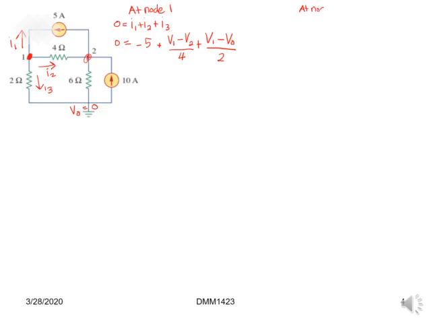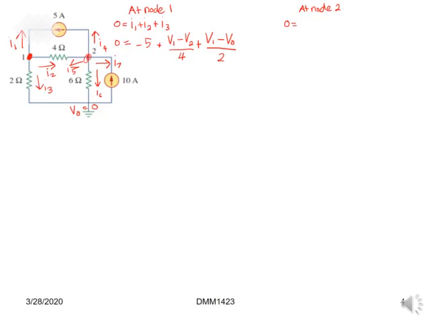We assume that the voltage at the ground is 0, so V0 equals 0, and it flows across the 2 ohm resistor, so divided by 2. This is the equation at node 1.